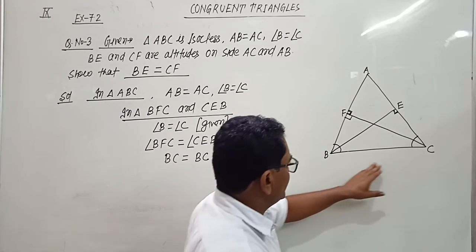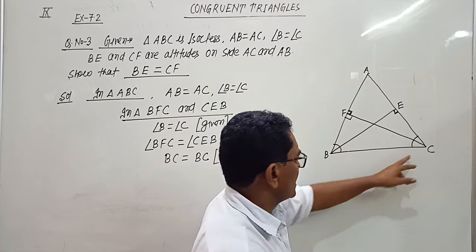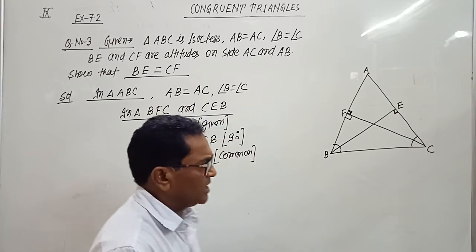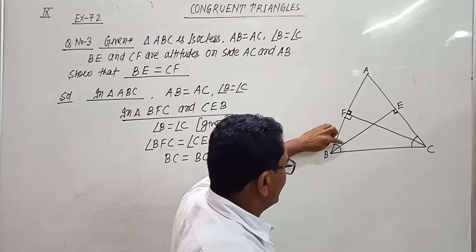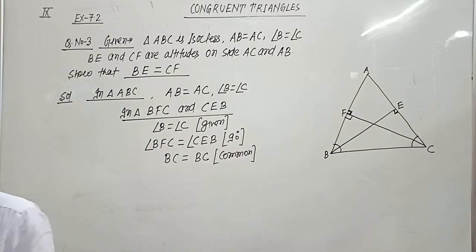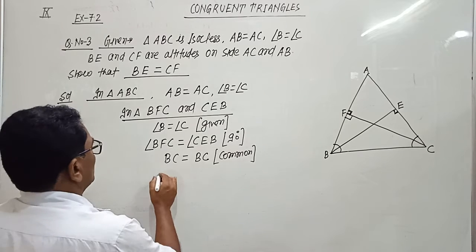So by angle angle side, these two triangles are congruent. By AAS, these triangles are congruent.